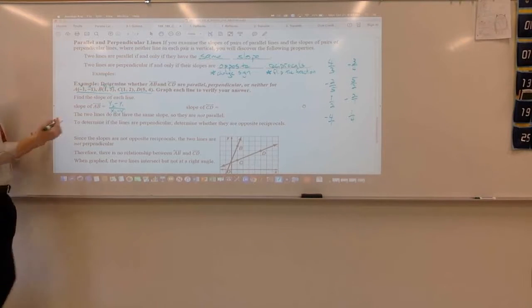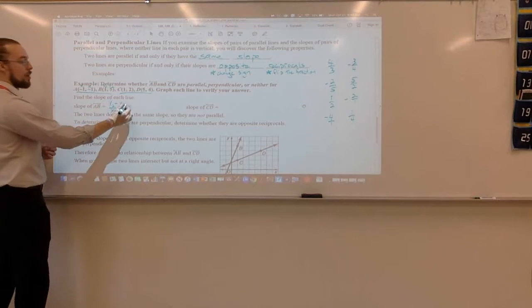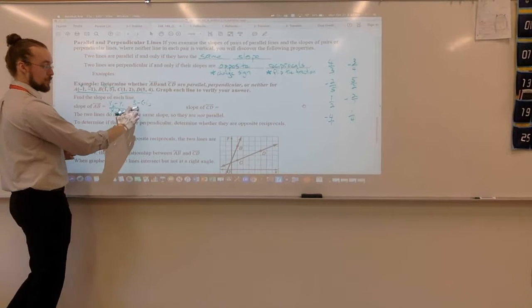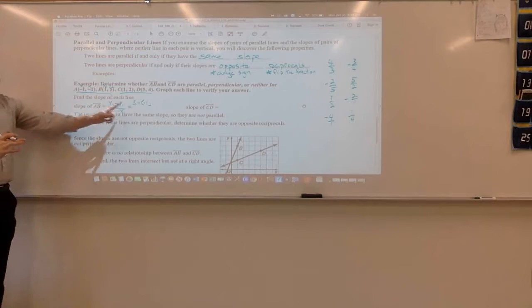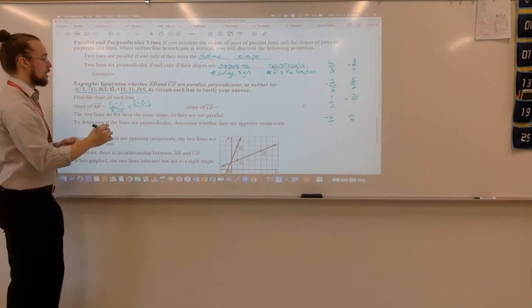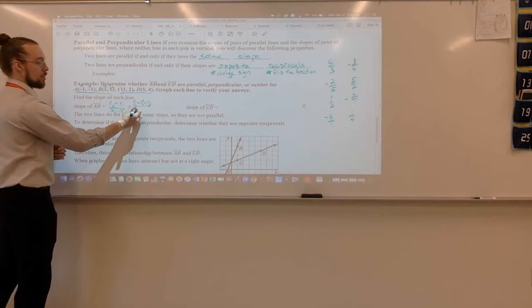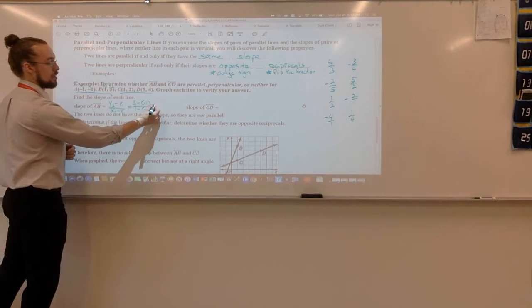So plug those values in here. So y2 minus y1, I'll have 5 minus negative 1. So remember, whenever we're plugging in a negative, use parentheses so that we keep those negatives and subtraction signs straight. Then in the denominator, x2 minus x1, I will have 1 minus negative 1.